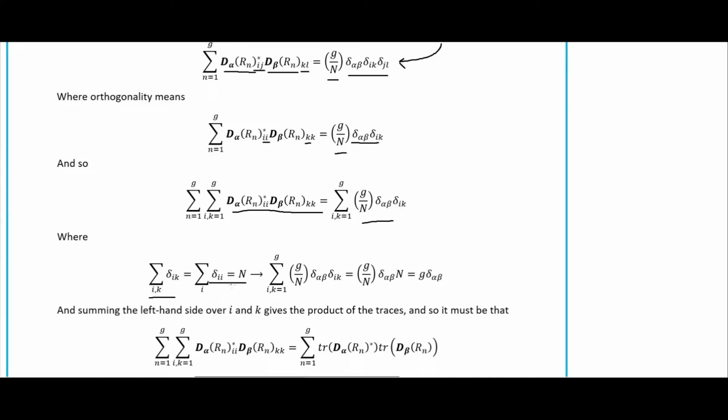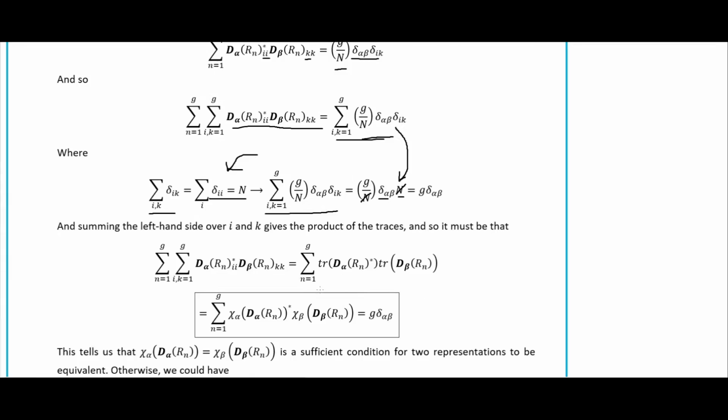Then we can take what we got up here and put it down here again. Our g over n, this Kronecker delta, and this n here, because we are substituting that in because of this relationship, these n's will cancel out, and so we just have this being equal to g here.